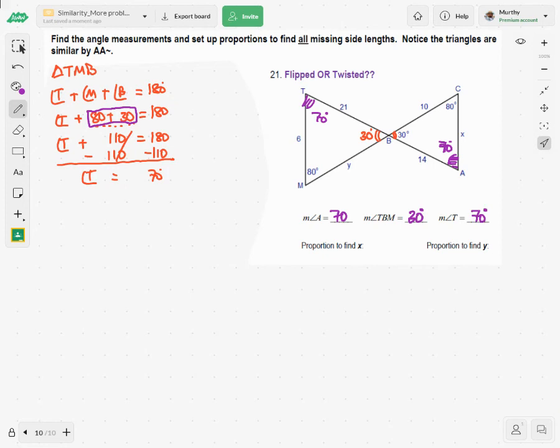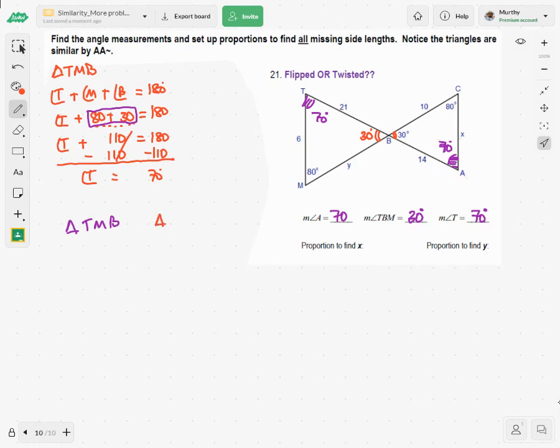Now, we have to write the similarity in the proper order. If I start with triangle TMB, notice that my first letter is T, which is 70 degrees. So I have to start with the 70 degrees of the other triangle.